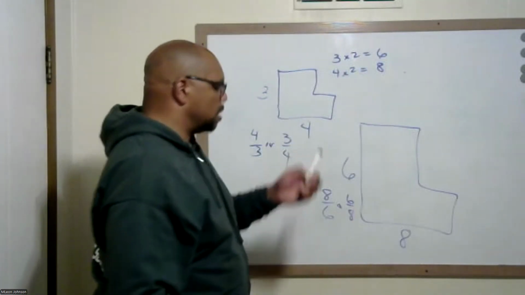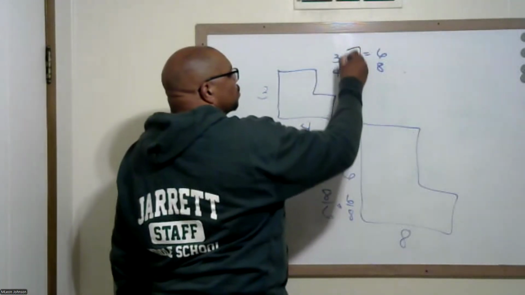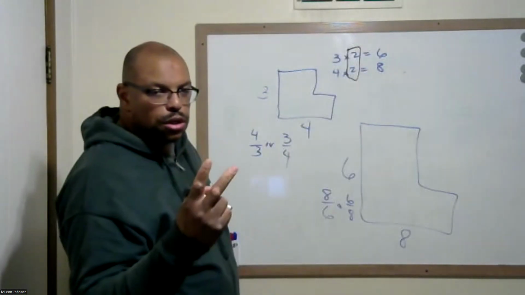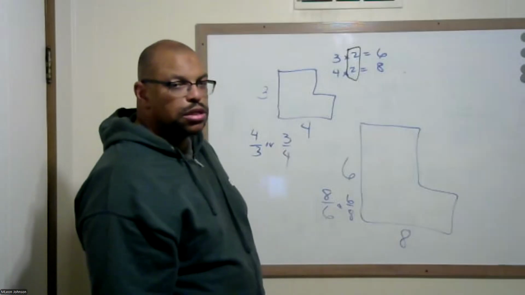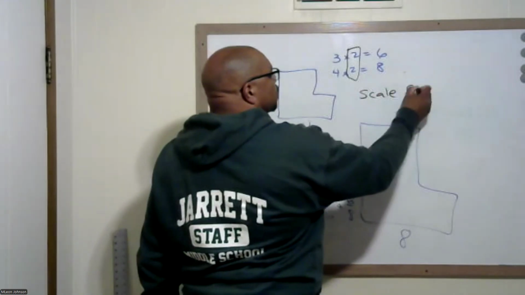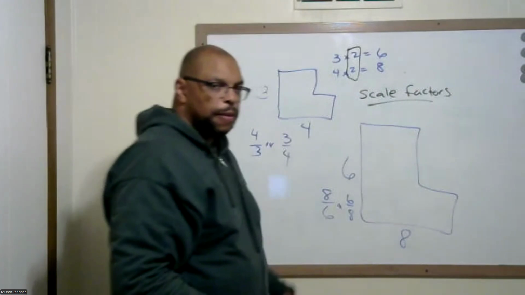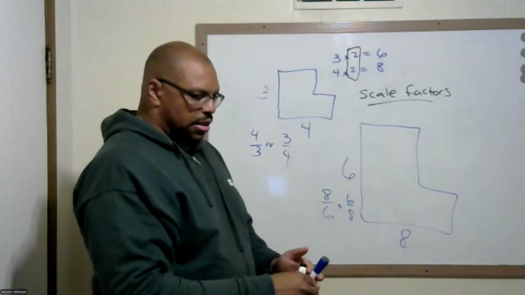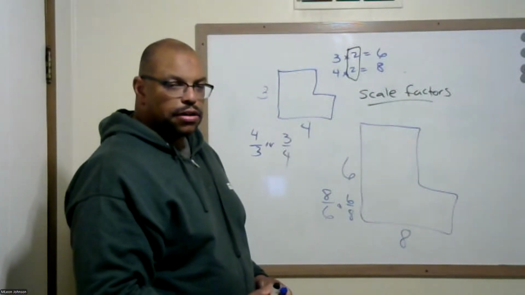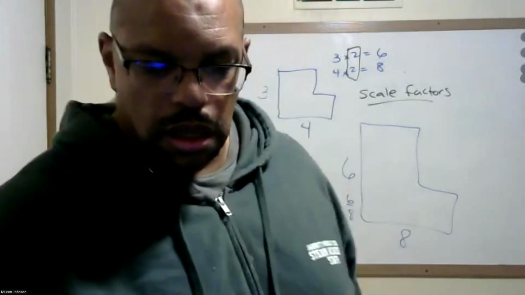So notice that the common factor that we multiplied by was 2. And that's what we're going to get into next. It's called scale factors. Okay? So when we get back to this next time, that's what we're going to talk about, scale factors. I hope this helps. Talk to you later.